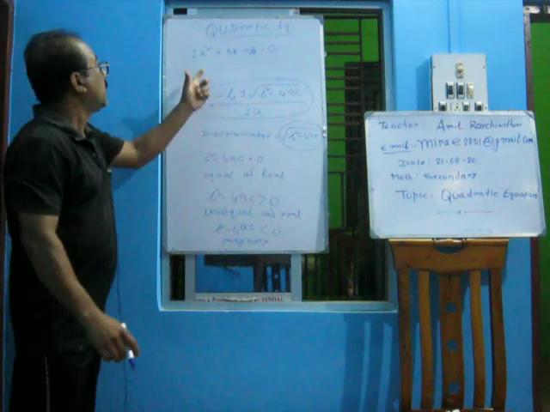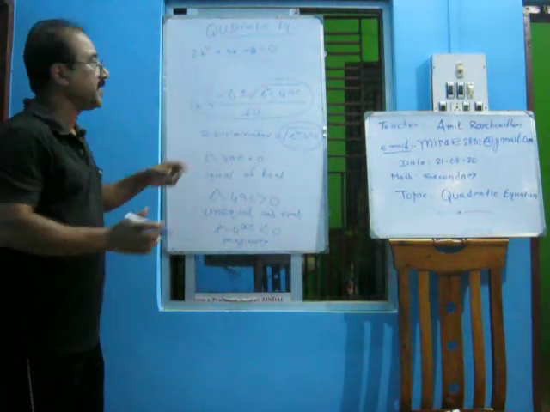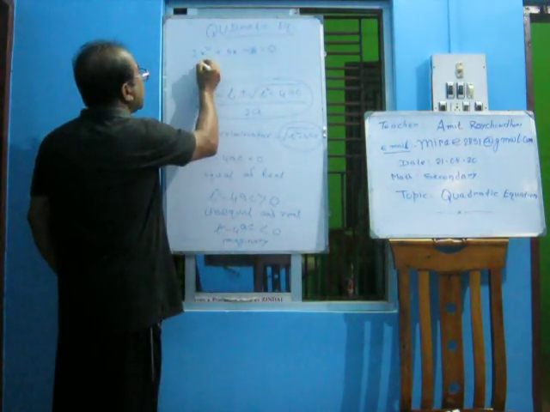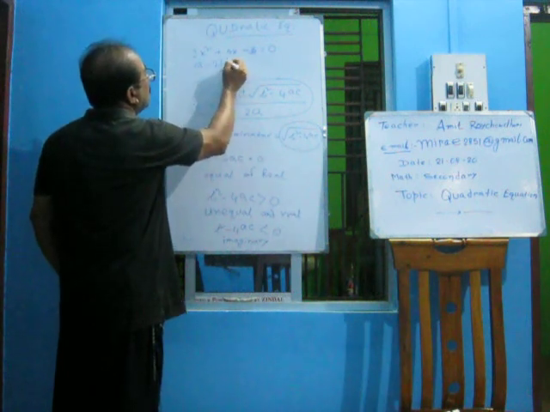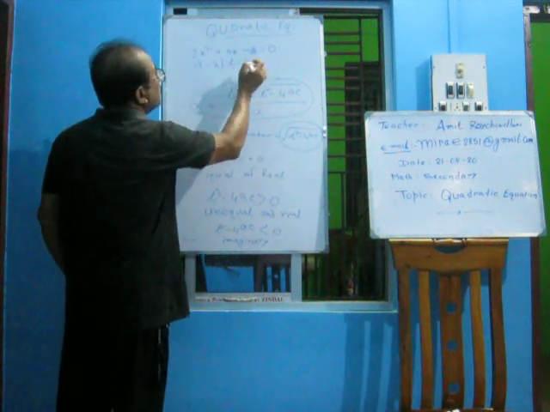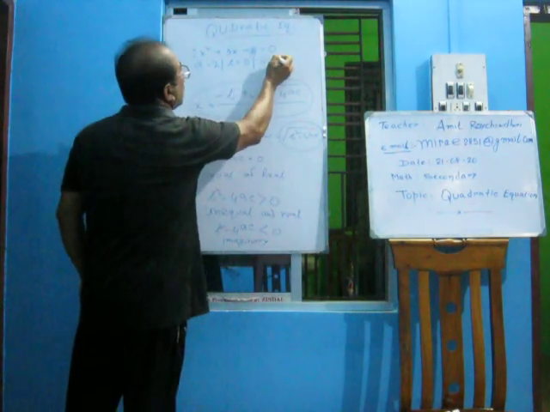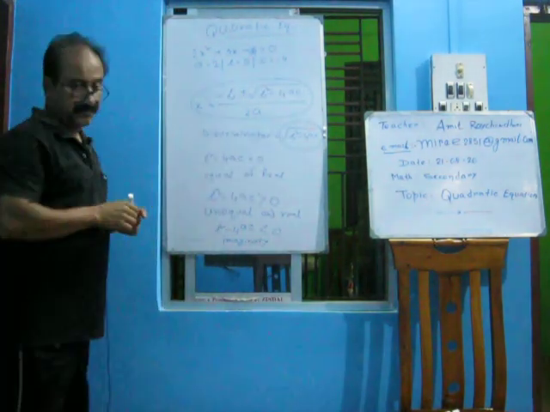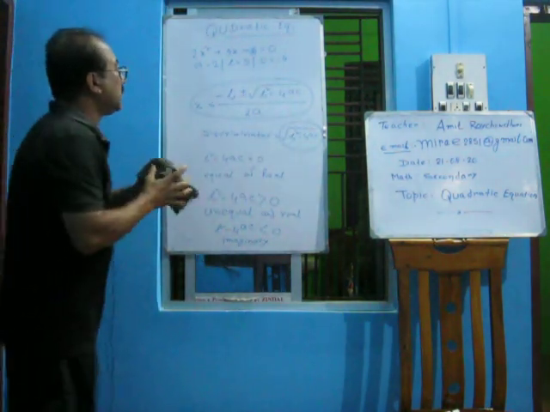First I will check the characteristics of b square minus 4ac. Here a equal to 2, b is equal to 9 and c equal to minus 4. Right?